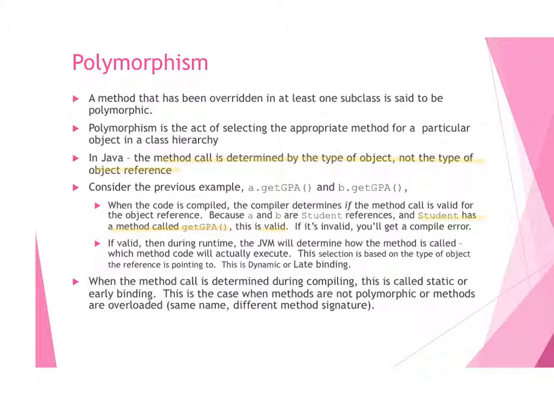And this selection, determining which code to run based on the object, is called dynamic or late binding, and it's one of the cool things that polymorphism allows us to do. Now, if the method call is determined during compiling because it's not a polymorphic method, then that is called static or early binding. This is when methods are not polymorphic or overloaded. So the compiler knows exactly which method to call.